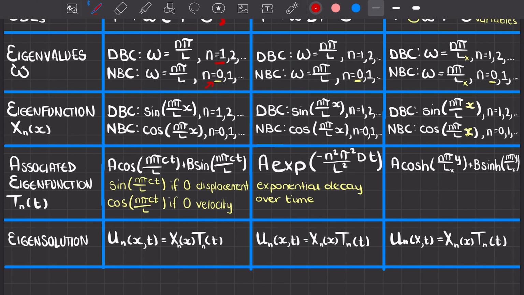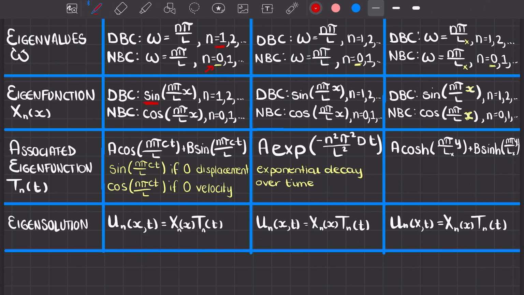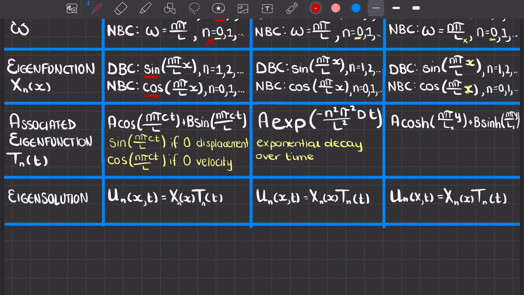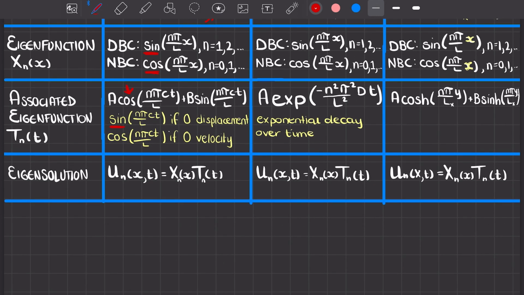The Dirichlet boundary conditions, for our eigenfunction X_n, will take on a sine function, whereas if we have Neumann boundary conditions, we will have a cosine function. Our associated eigenvalues, T_n, will take this form here, and you'll notice that if one of our initial conditions is homogeneous, if it's a zero displacement, so we're not talking about derivatives here, it will have a sine value, whereas if we have zero velocity, so u_t for our initial condition, we'll end up with a cosine function.